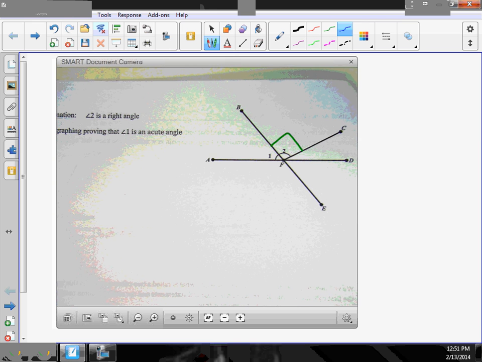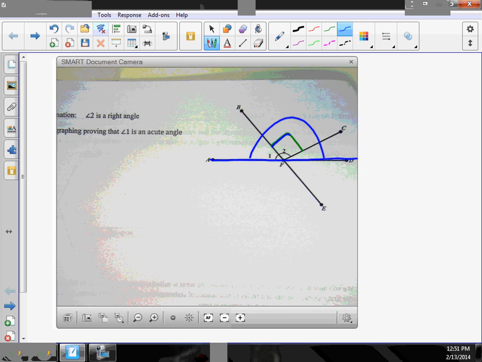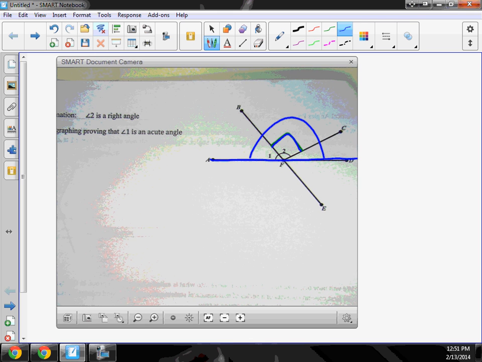So AFD is a straight line. Good. So this angle is 180. Good. So we subtract off this 90. Good.